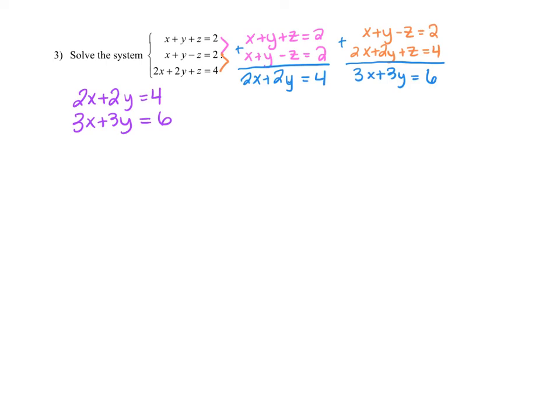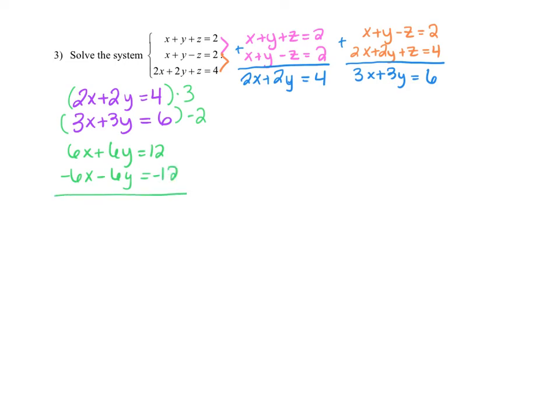Now, I want to eliminate one of my variables. So let's say I'm going to eliminate x. To eliminate x, I am going to multiply this top equation by 3 and multiply this bottom equation by -2. So that will give me 6x plus 6y equals 12, and -6x minus 6y equals -12.